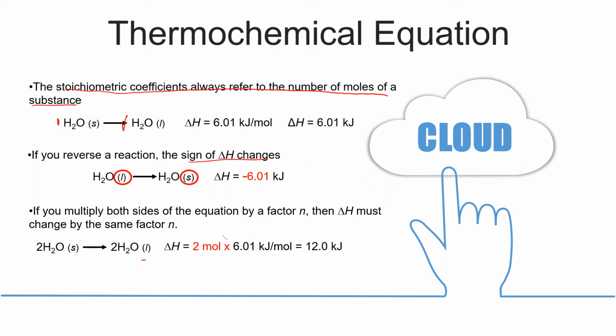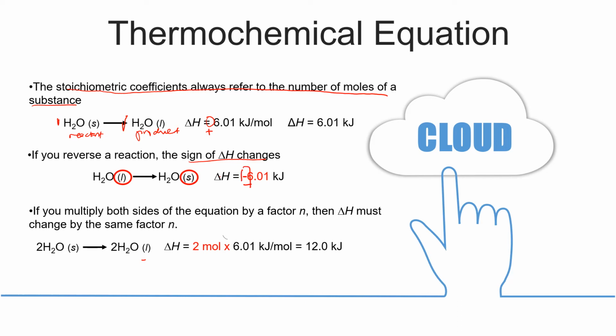For example, here reactant dia adalah solid. So kalau you reverse this product jadi reactant, so apa yang berlaku, the sign of delta H akan berubah. Nampak mula-mula dia jadi positif, and then when you change liquid kepada solid, kan mula-mula solid pada liquid kan, bila liquid jadi solid dia akan jadi negative sign.